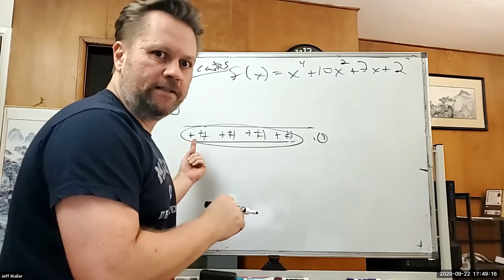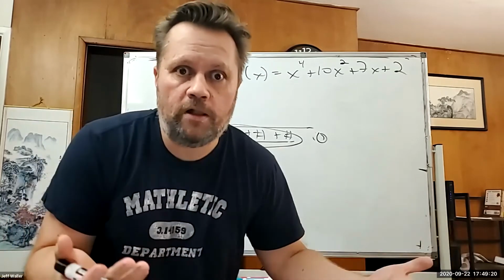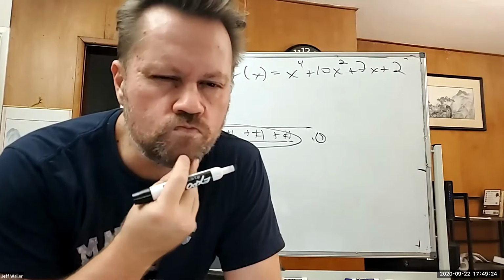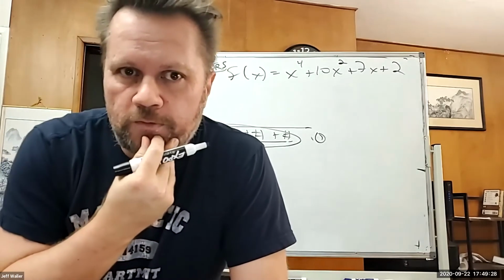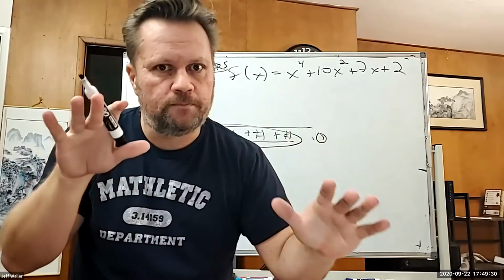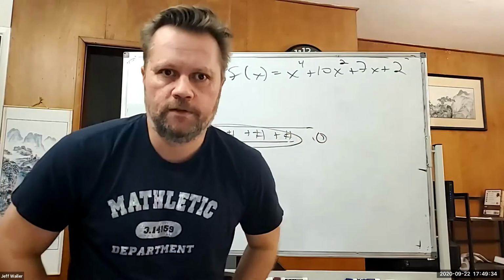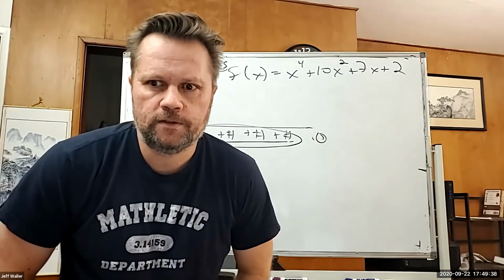So if Descartes says this guy's got no positive roots, then obviously you can throw all of them out. Remember, there seemed to be a connection between Descartes and the upper and lower bound thing. There really is. Okay, anything else, guys?